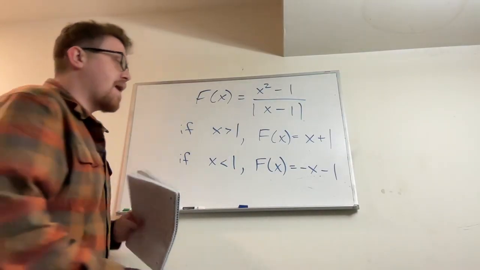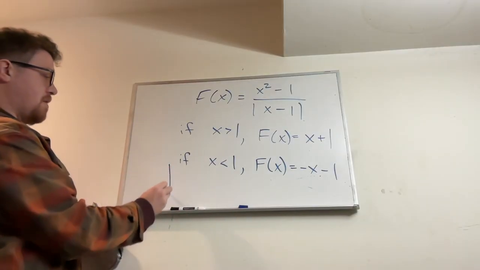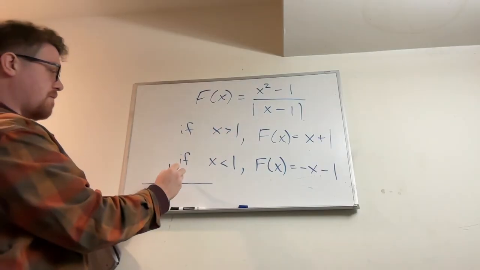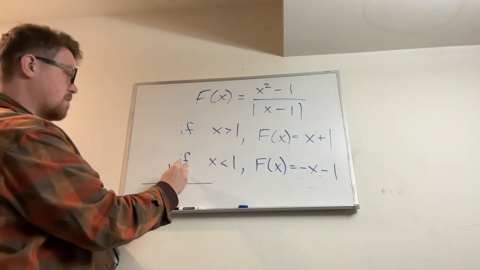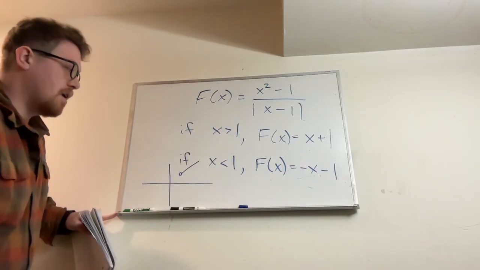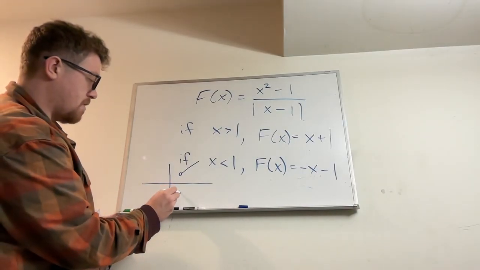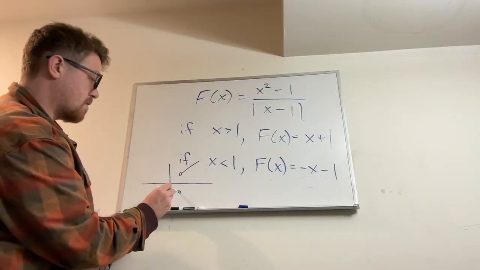And so if we graphed this, it would look, well, I didn't leave myself much room, but so it'll be x plus 1 for all numbers greater than 1. X plus 1, so something like that. And then it's minus x minus 1. It's going to go this way.